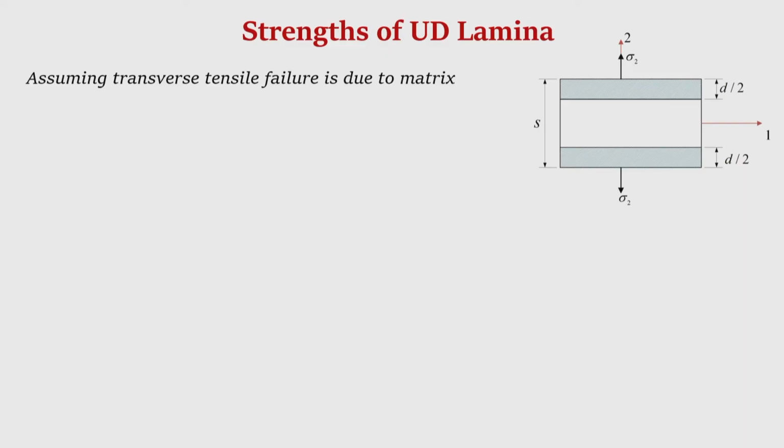Now, if we assume that the transverse failure of the composite is due to the failure of the matrix, meaning that at failure the strain in the matrix epsilon m is equal to the ultimate strength of the matrix.